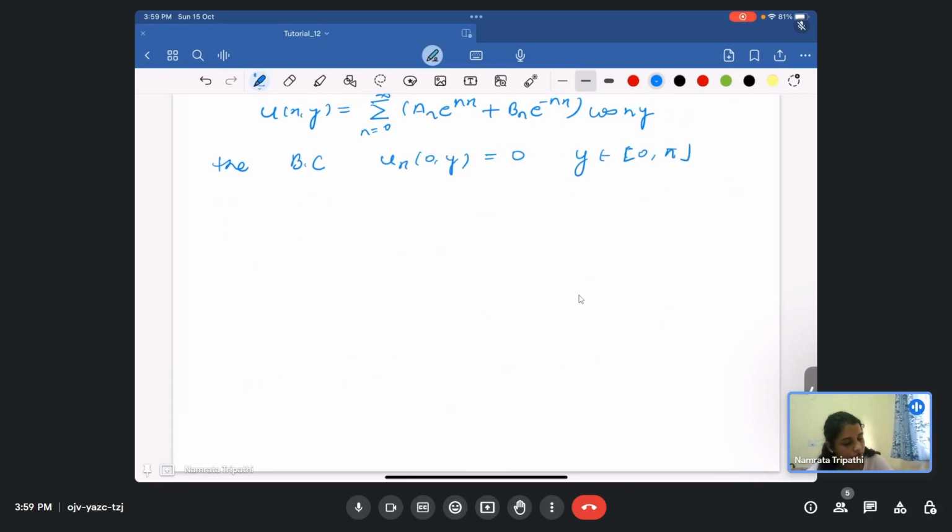So you will substitute, after partially differentiating with respect to x, then you will get n into a_n minus n into b_n equals to 0. That means a_n is equal to b_n for all n. Fine.